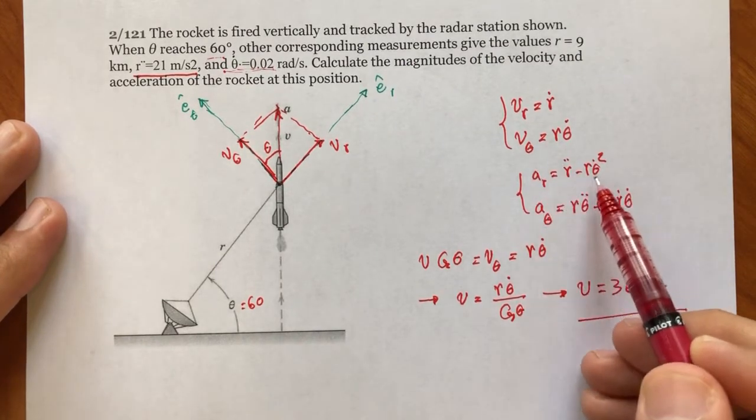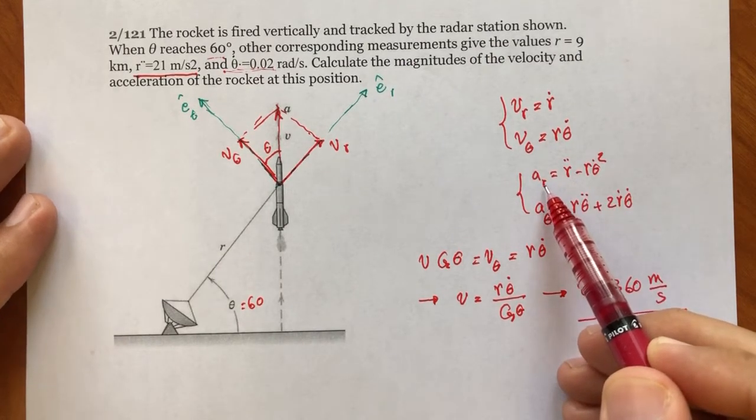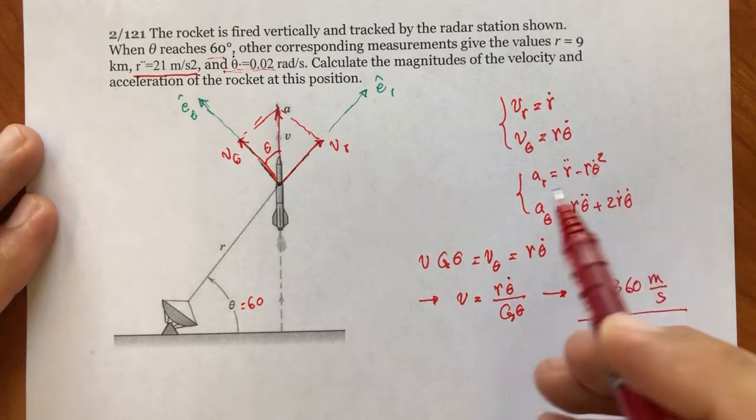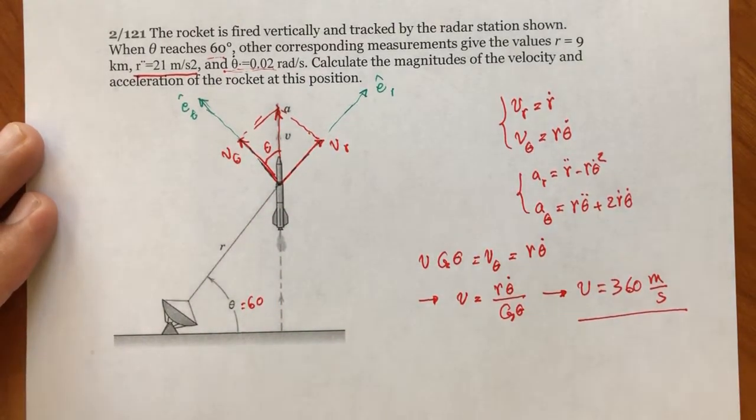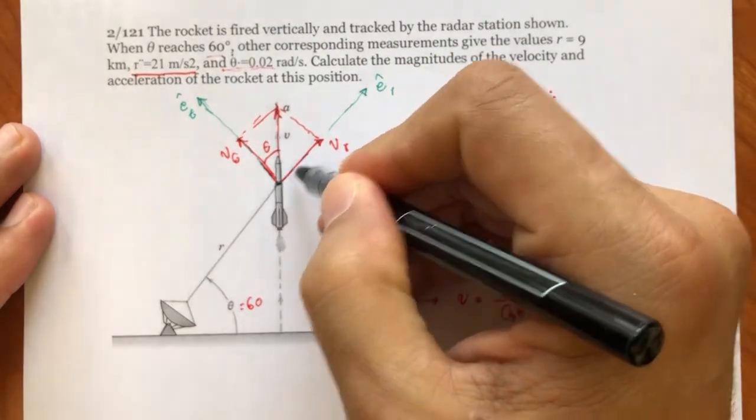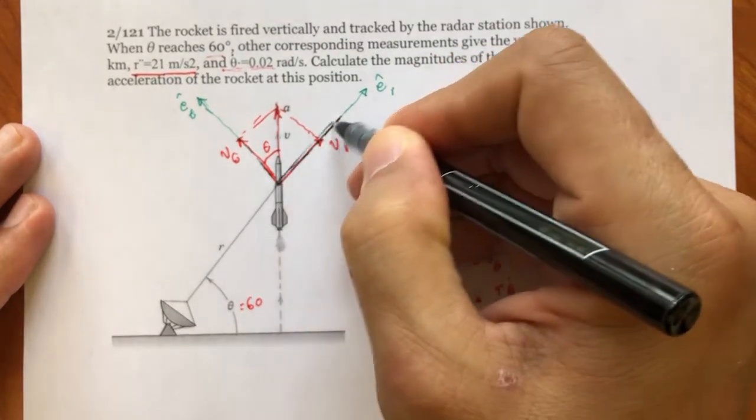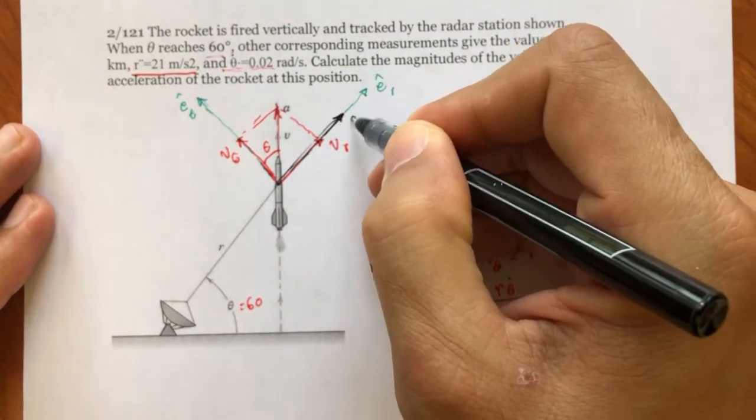As I told you before, we know AR because I know R double dot and theta dot. And we can do the same thing for acceleration. Acceleration in the radial direction is going to be something like this.